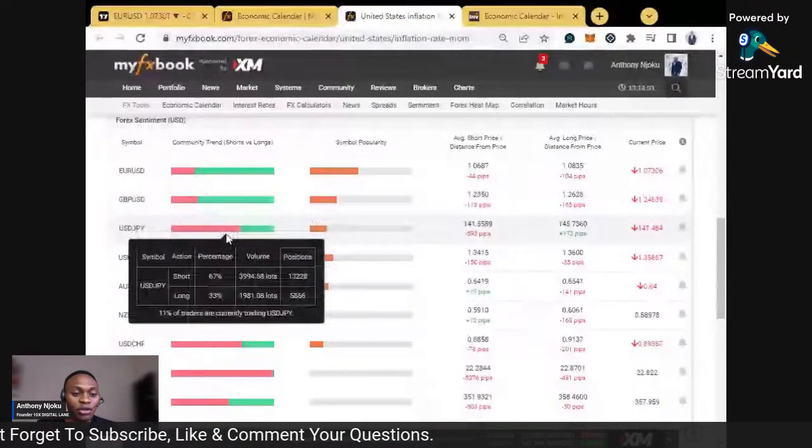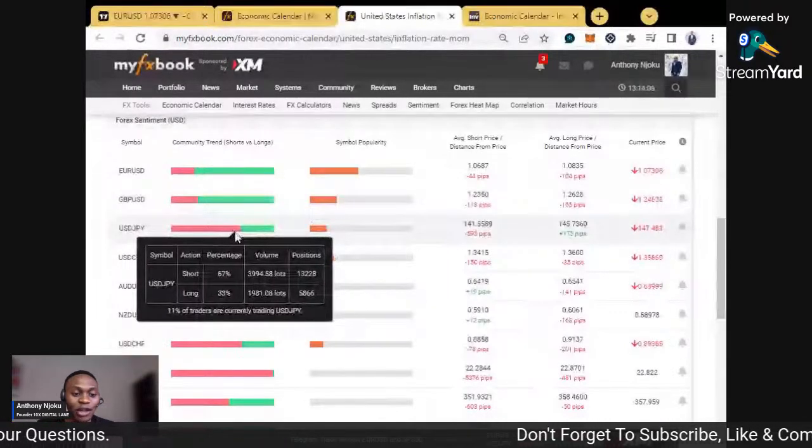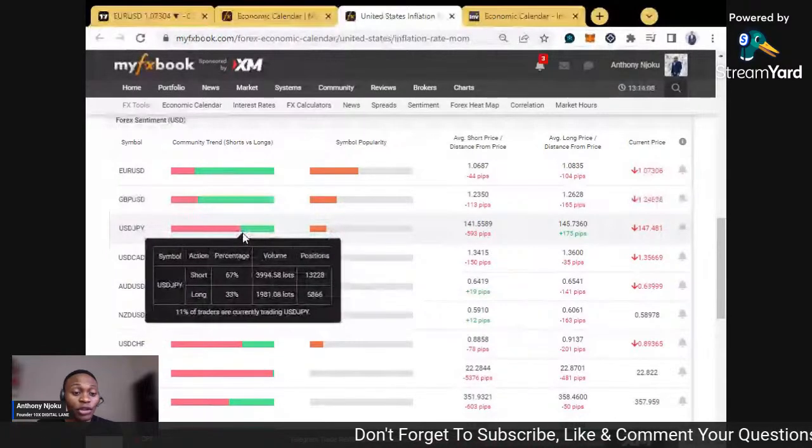USD JPY, a lot of people are anticipating the yen to be strong.